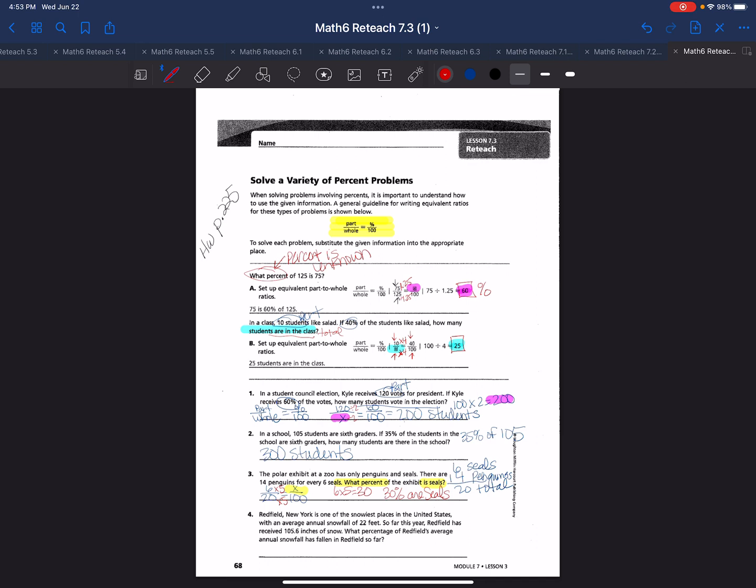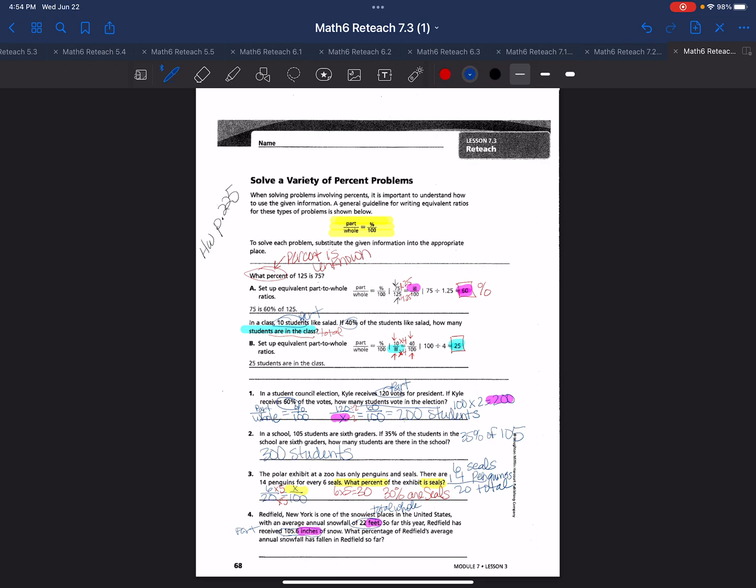Redfield, New York is one of the snowiest places in the United States with an average snowfall of 22 feet. So that's the total, or the whole snowfall for the whole year, because it says annual. So far this year, Redfield has received 105 6/10 of an inch. So that's my part. But what I want you to notice here is this is feet and this is inches.